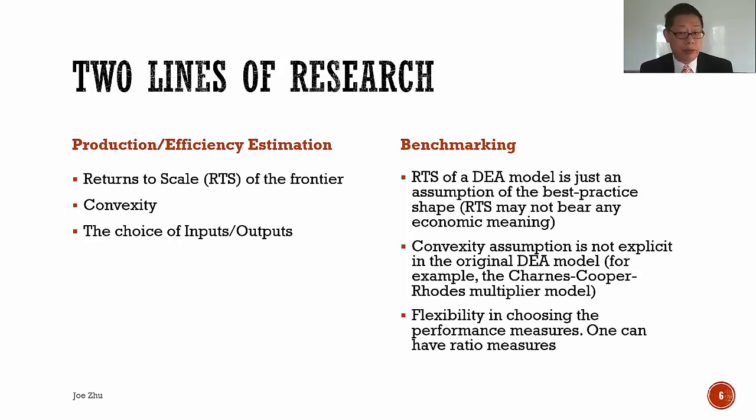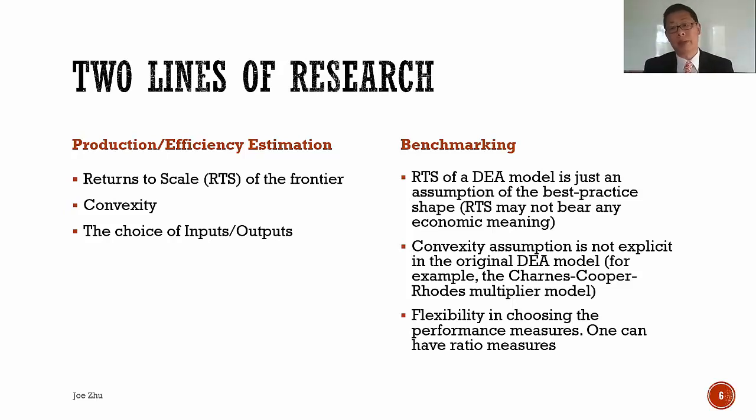Also, it's very flexible in choosing the performance measures. One can use actual ratio measures. If you've been reading the DEA literature, there are papers saying you cannot use ratio measures in DEA when you do production or efficiency estimation.